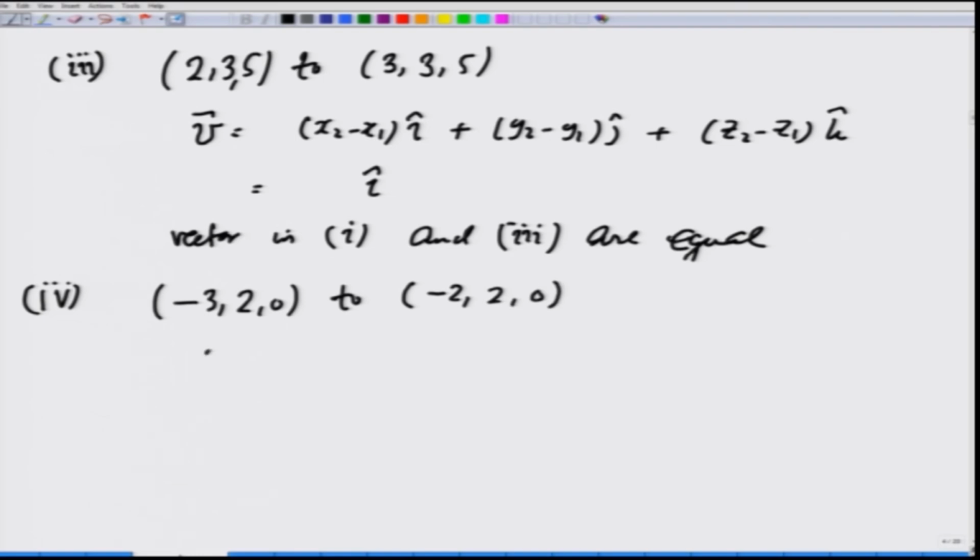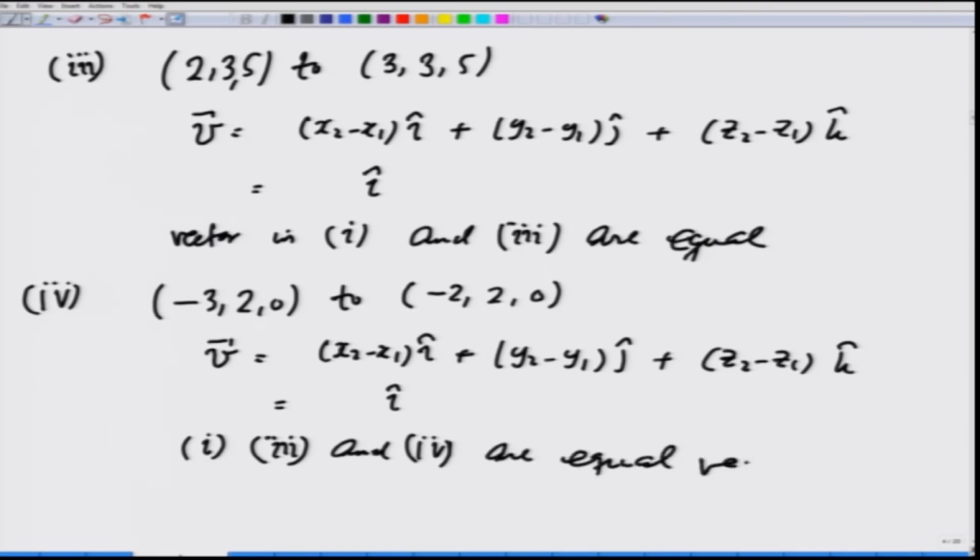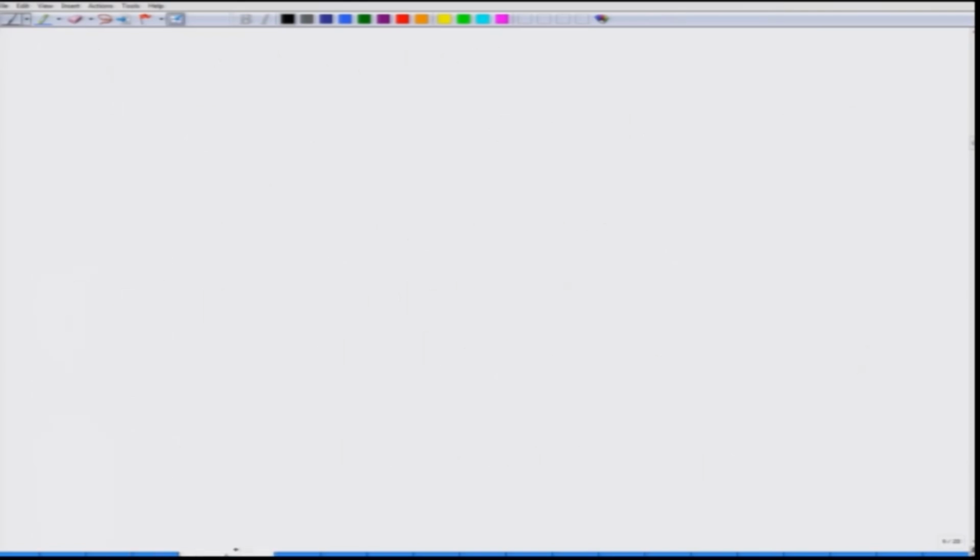This is also equal to, if I write this as x2 minus x1 i plus y2 minus y1 j plus z2 minus z1 k, this is also equal to i. So, 1, 3 and 4 are equal vectors.